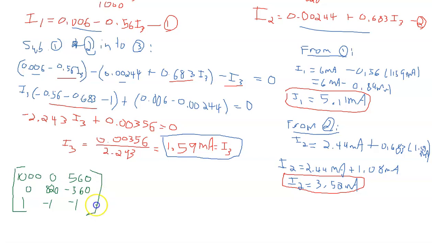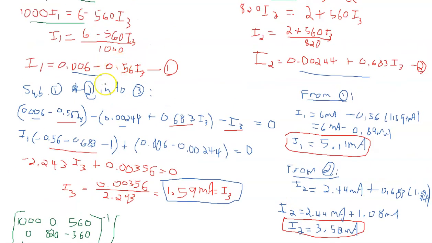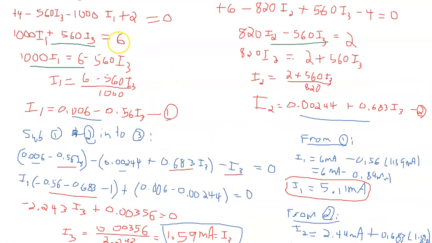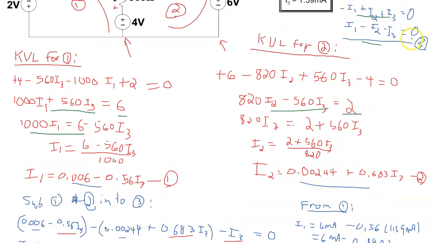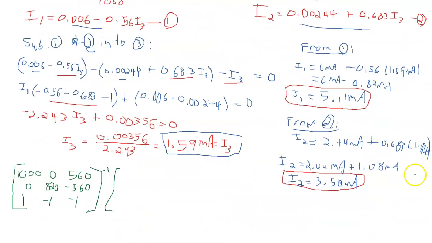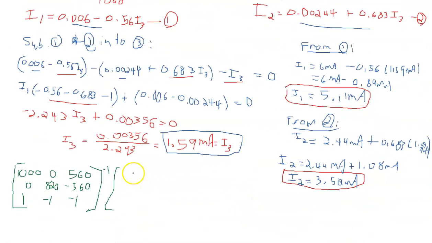And this is the coefficient matrix, and so it is the inverse of that matrix. And then we want to multiply that by the matrix of constants. And for the constants, we had 6, and we had 2, and we had 0.